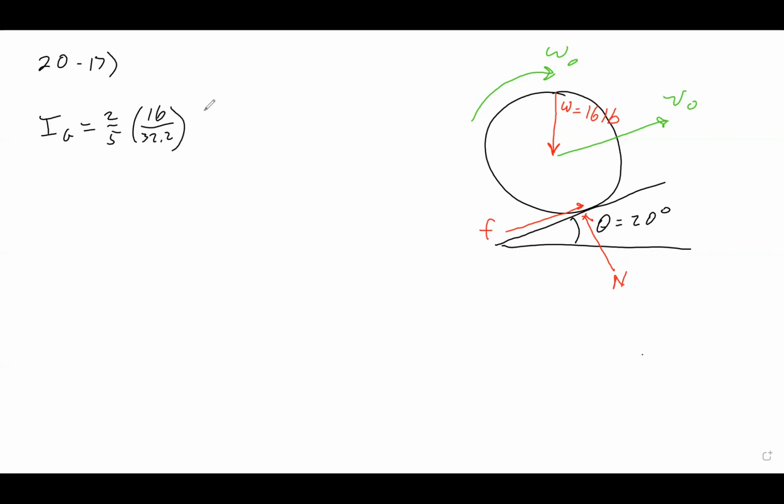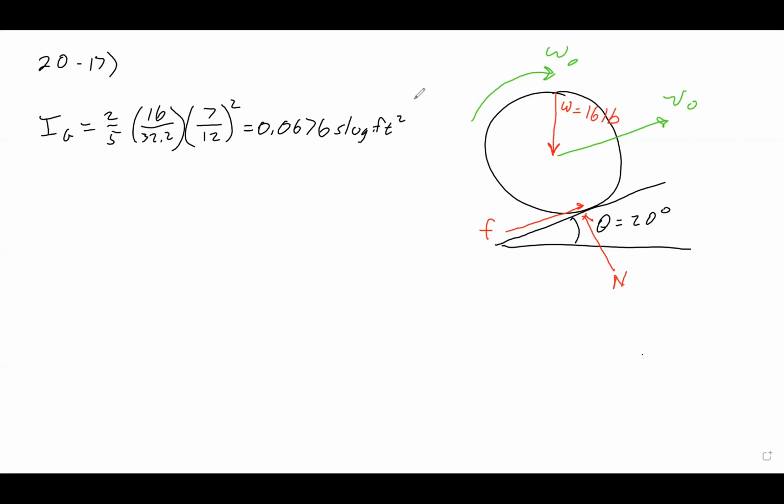It's a 14-inch diameter sphere, so it's a 7-inch radius, and then converted to feet, and then the whole thing squared. Okay, the answer to that is 0.0676 slug feet squared.